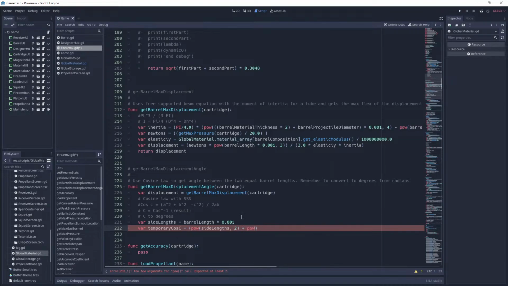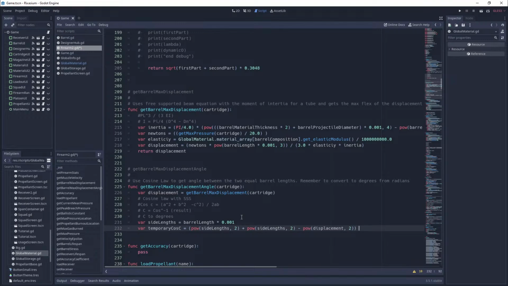And here we're going to add it again. And here we are going to subtract it by the displacement 2.